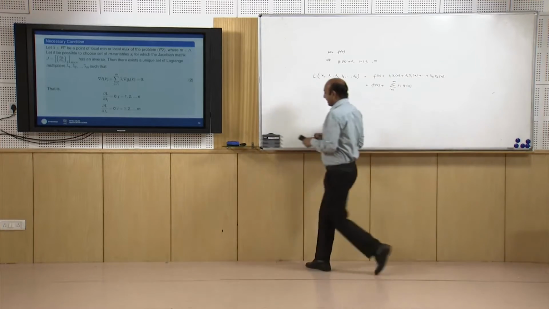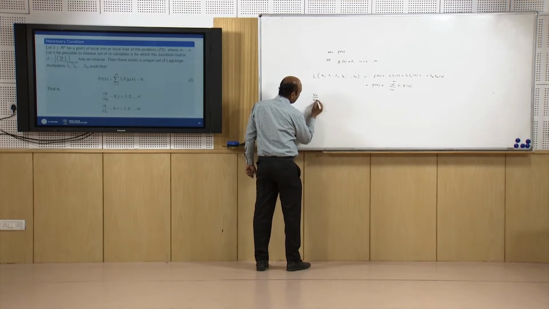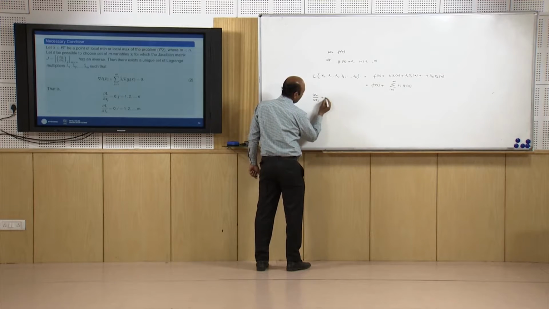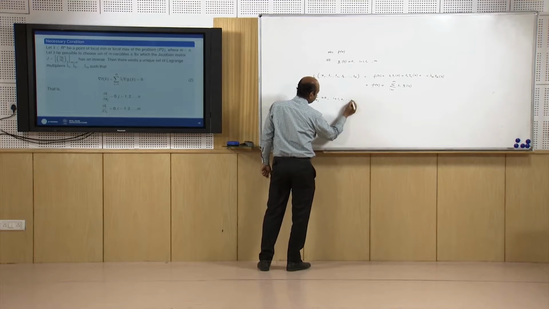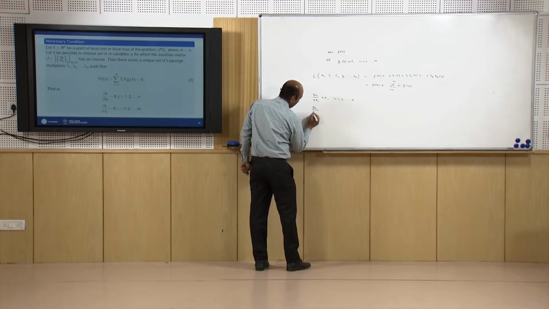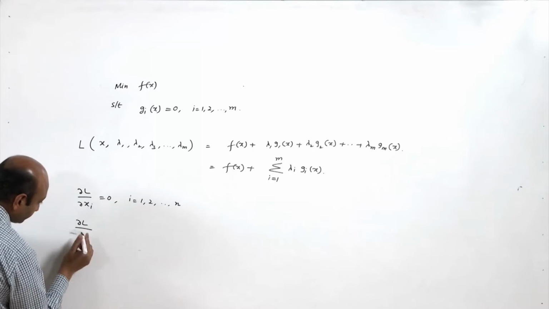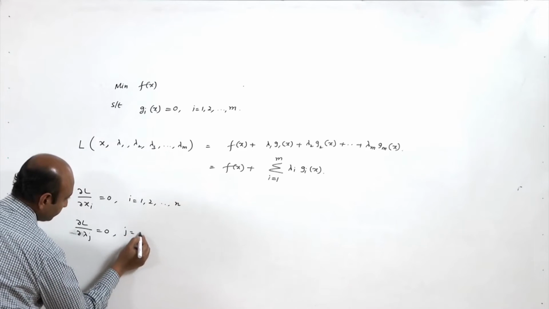You simply take del L upon del x_i equal to 0 for all i from 1 to n, and del L upon del lambda_j equal to 0 for all j.